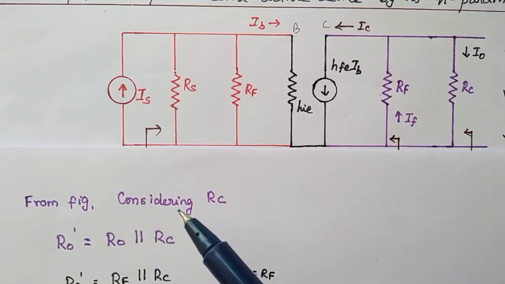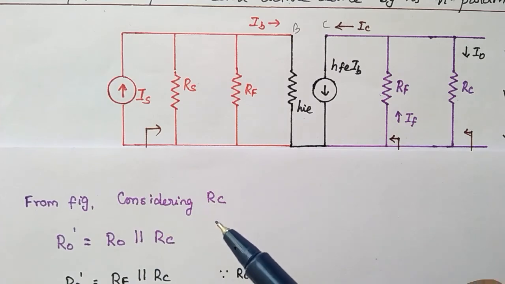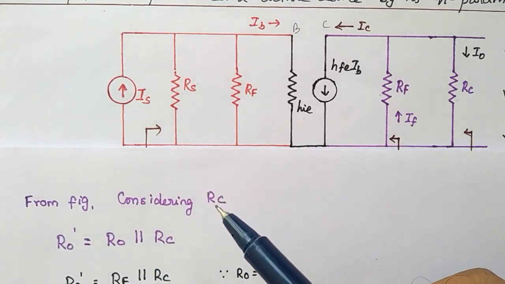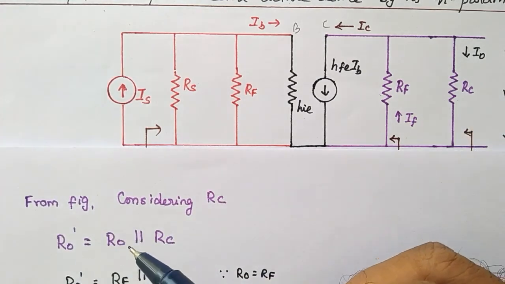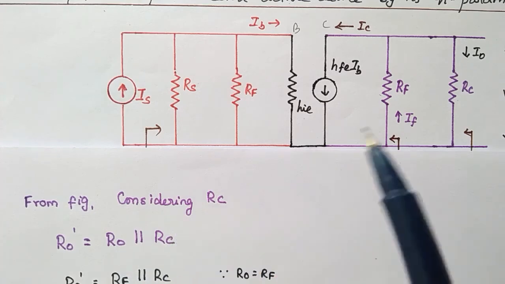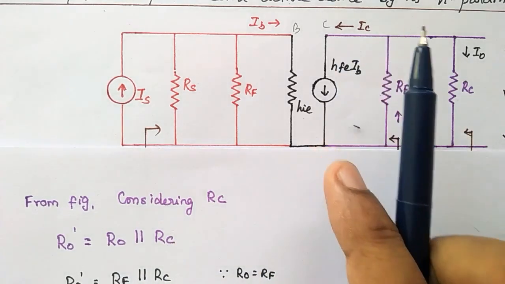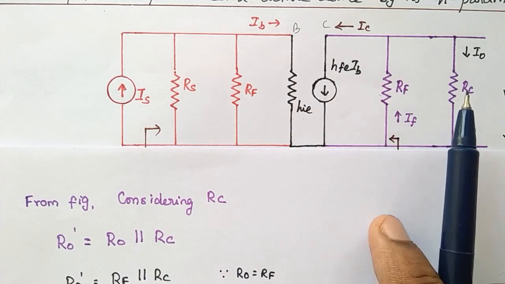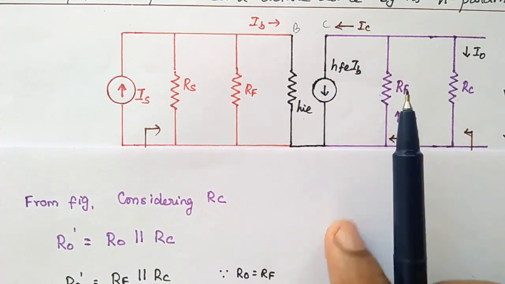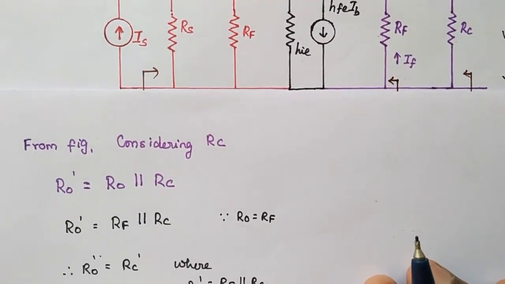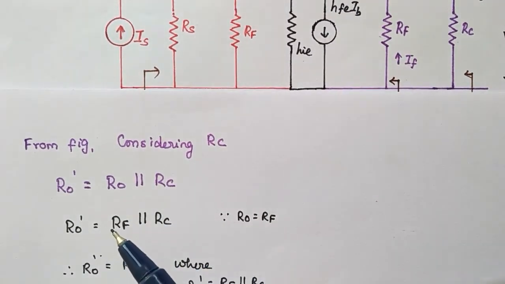From this figure, when we consider the load resistance RC, I can write R naught dash is nothing but the parallel combination of R naught and RC. So we won't bother about RF now here. We take RC in parallel combination with the entire output circuit. Next we can write R naught dash is equal to RF.